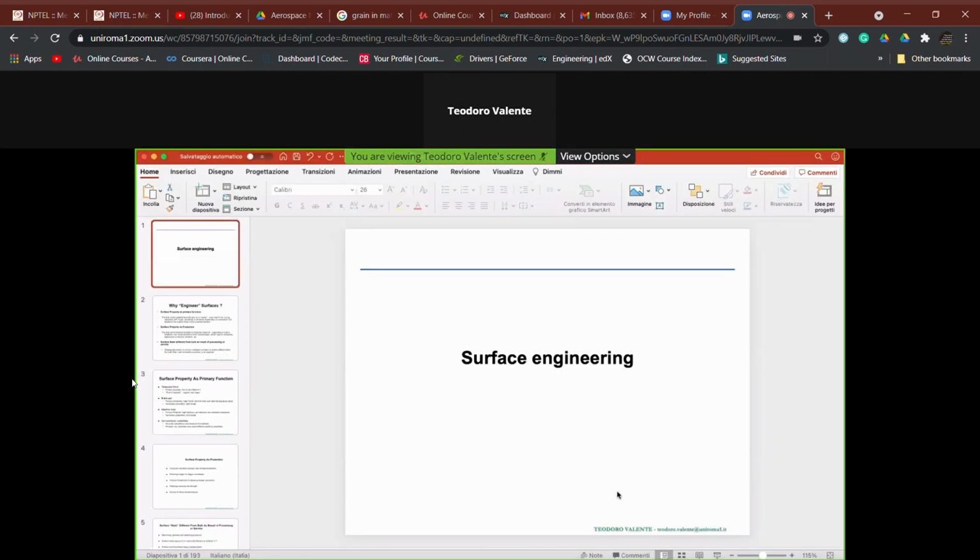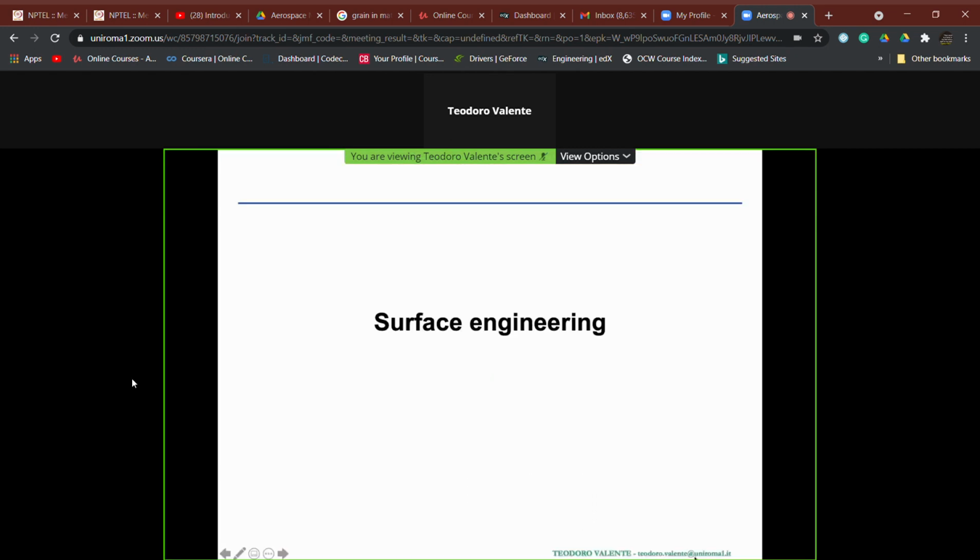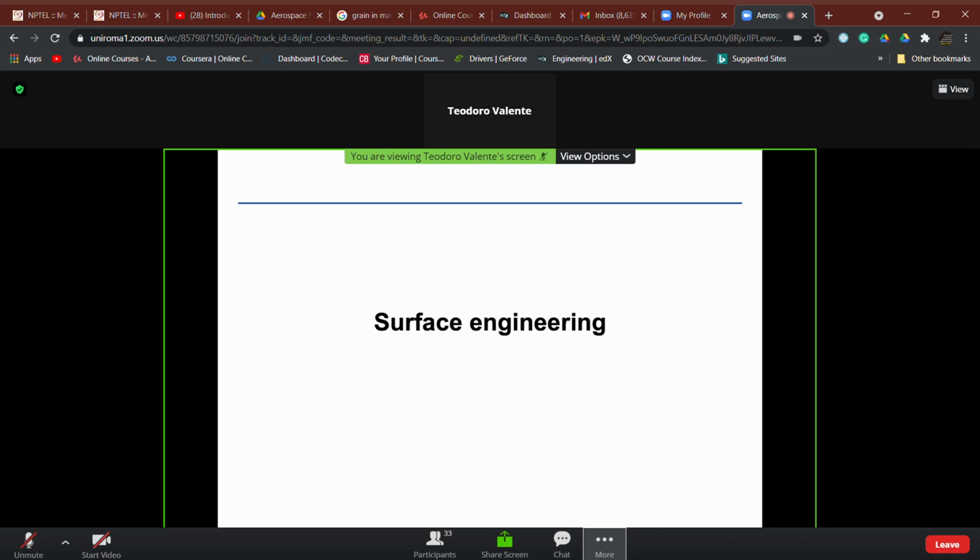So let's start this topic, very important, which is surface engineering. We also on this topic have said something some years ago, just some basic concepts. Now is the case to treat it more deeply, because this is a very important set of tools for high-tech engineers.